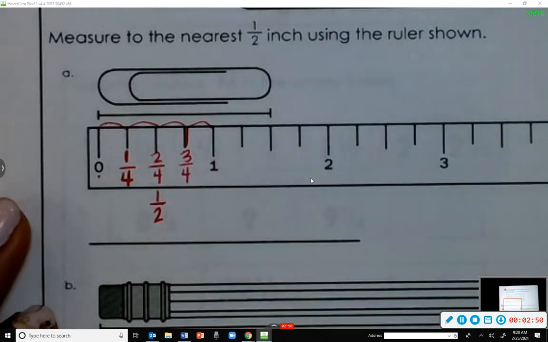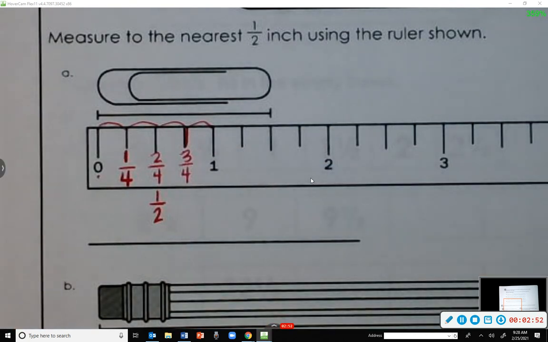And then 1 whole would be how many fourths? 4/4. Hello, y'all wake up. Everybody should be responding. That should be easy. 1 whole equals what? 4/4. There we go. We're waking up.